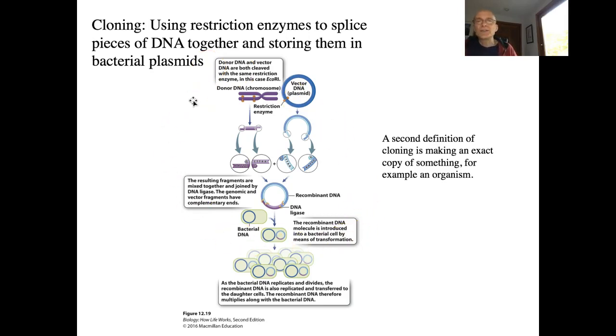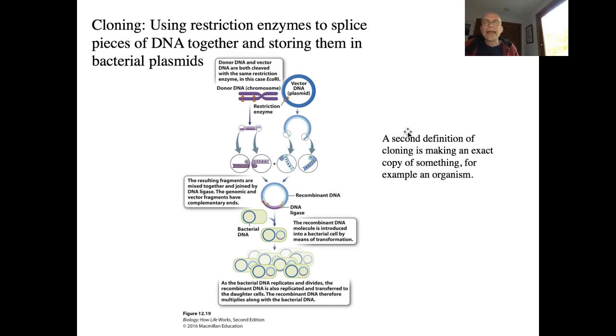The second definition of cloning is what most people understand when they talk about cloning: making an exact copy of something, for example, an organism. So if I say, well, I have to clone myself, I have so much work, that means I have to make an exact copy of myself, and then there's 2 of me and we can do more work, or something like that, right?